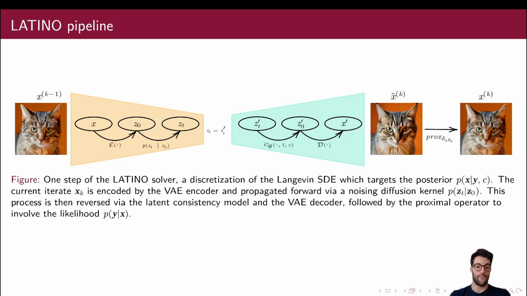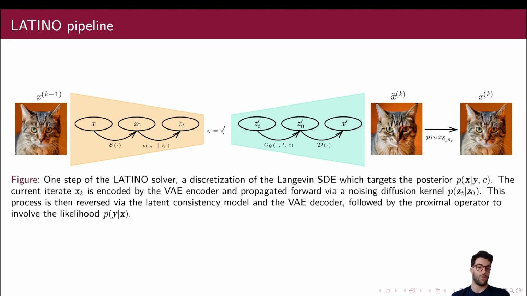Then we have the forward step, P of zt given z0, which is the forward step of the diffusion model in the latent space. Then we have the decoder part, which takes this noisy latent code and denoises it in the latent space using the latent consistency model, and then we apply the decoder of the VAE.